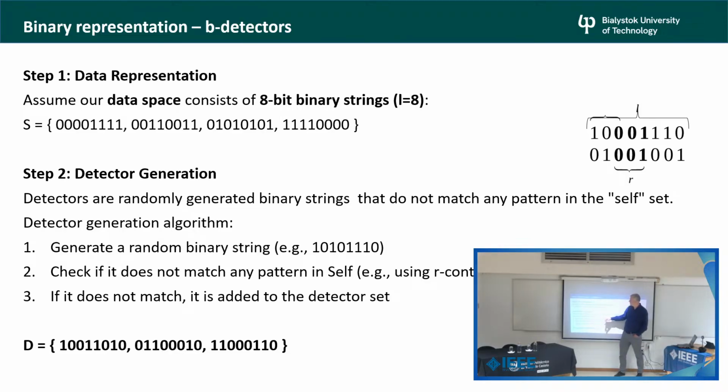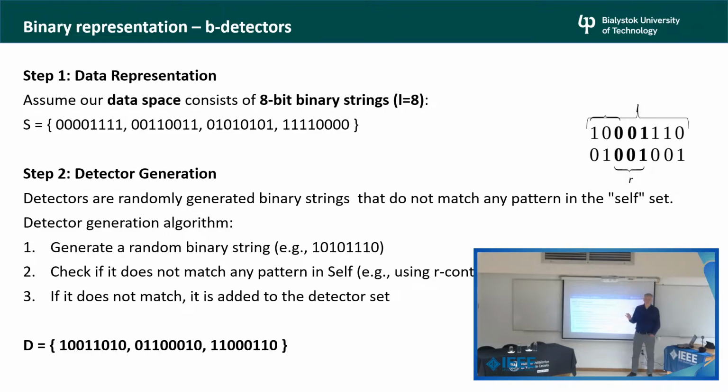We calculate the distance with all the samples. If the distance is too small, then the detector is rejected. If the distance is high, then we can put this detector into the set. In this way, we can build the set of our detectors.